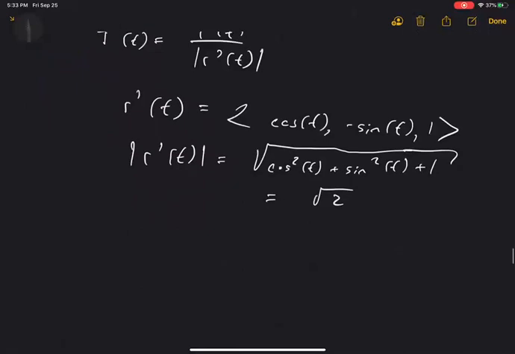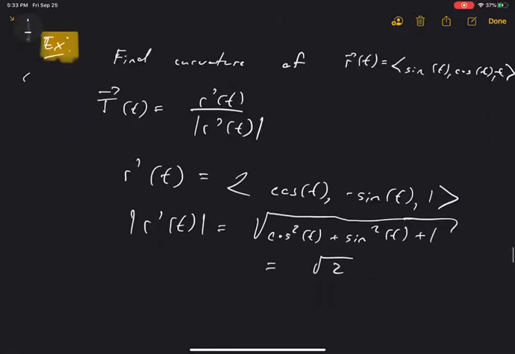But what am I looking for? I'm looking for kappa. Remember, kappa is the magnitude of T prime of t over the magnitude of r prime of t. So I found this denominator already. That's just my magnitude of r prime of t, which is the square root of 2. I need to find T prime of t.